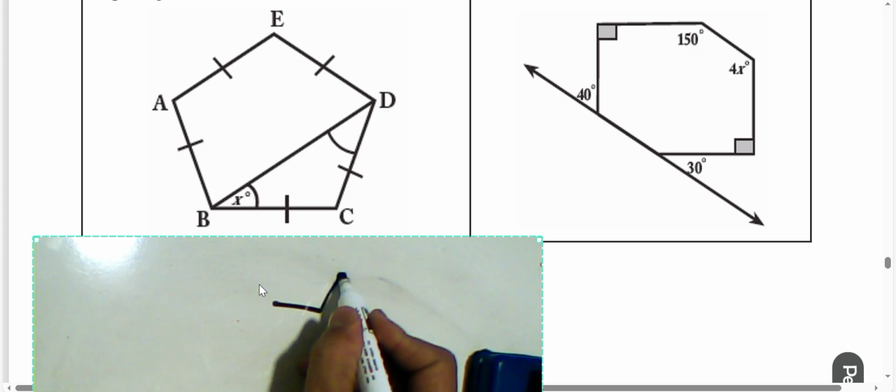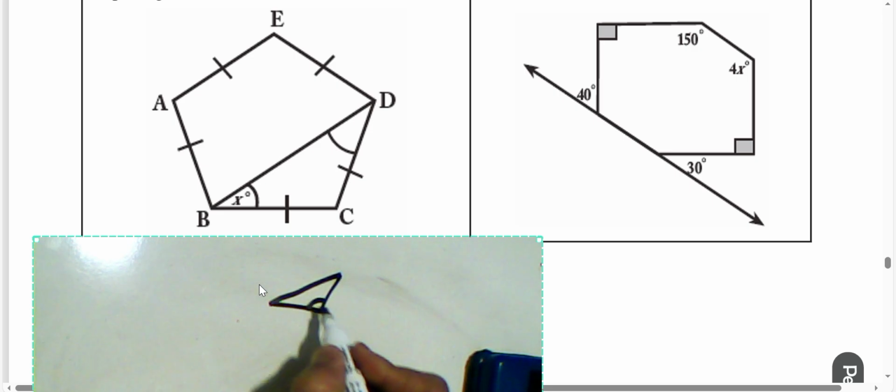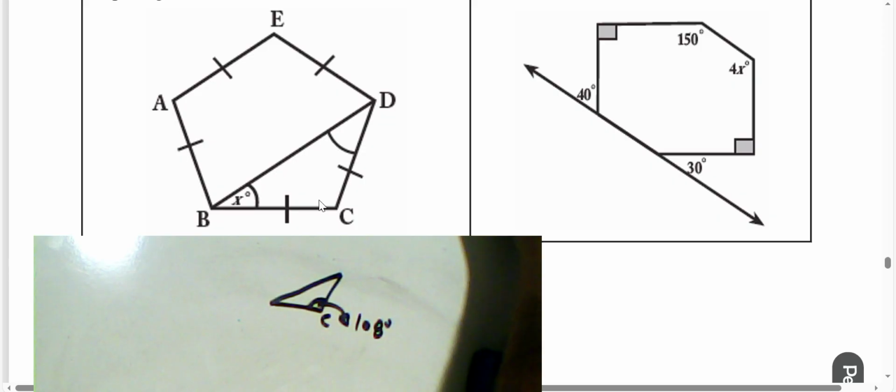Now we have an isosceles triangle. Angle C is 108 degrees because the pentagon is regular.